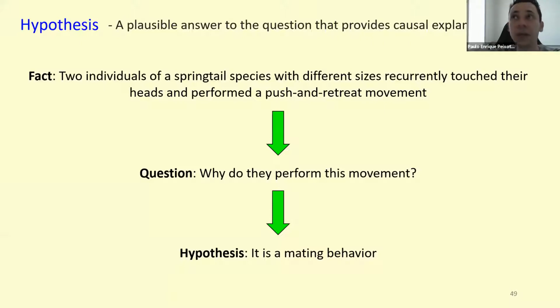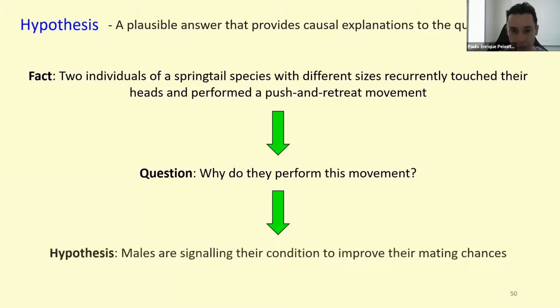So the interpretation that was on the fact yesterday actually should be our hypothesis here. So I would just change it to a statement that has more causal explanations. Okay, so I change to this.